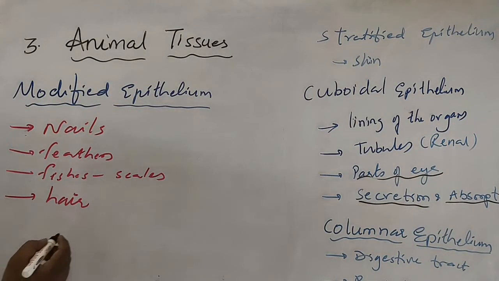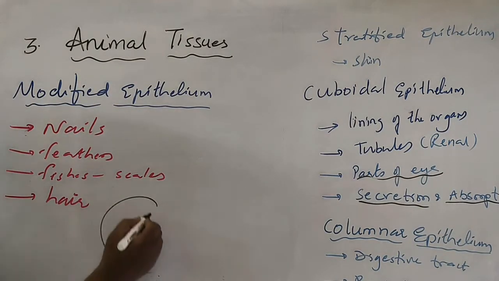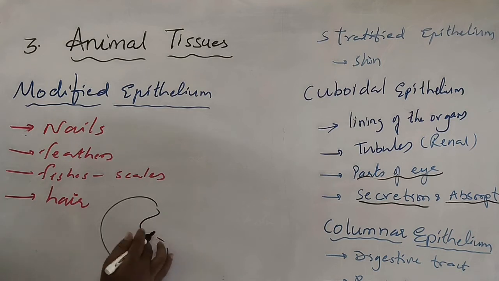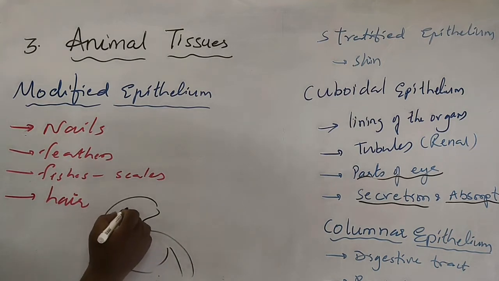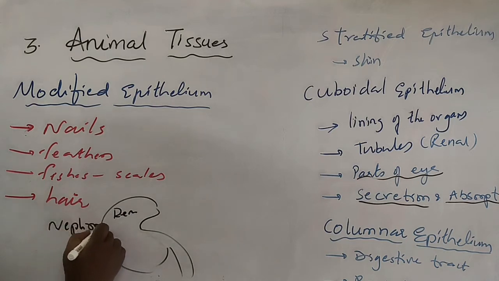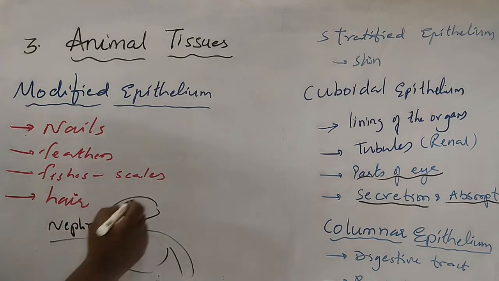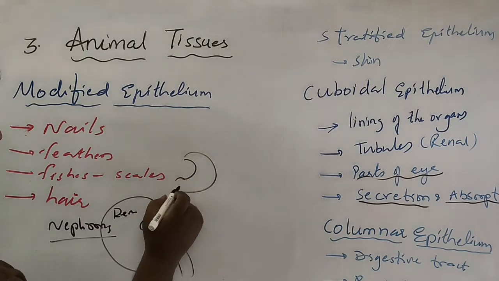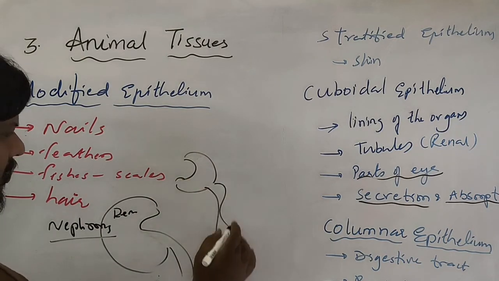So now if you take the kidney, the kidney has renal tubules, or you can call them nephrons. So nephrons will be in this kind of shape.